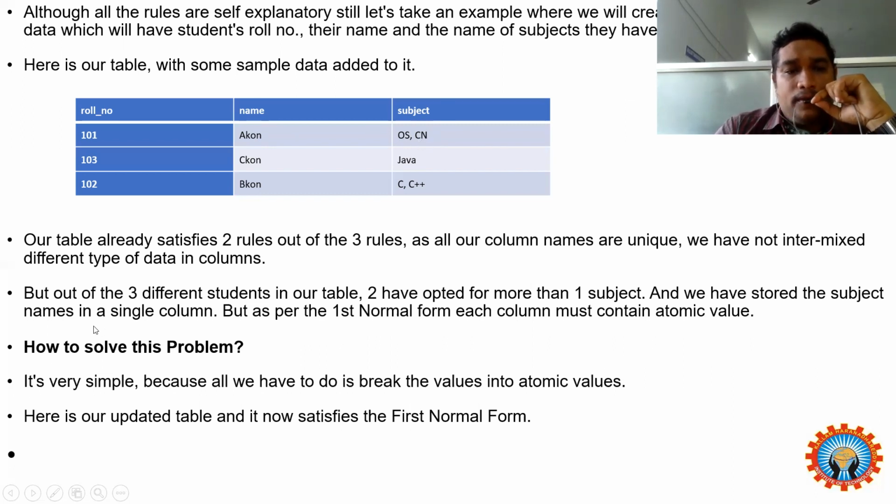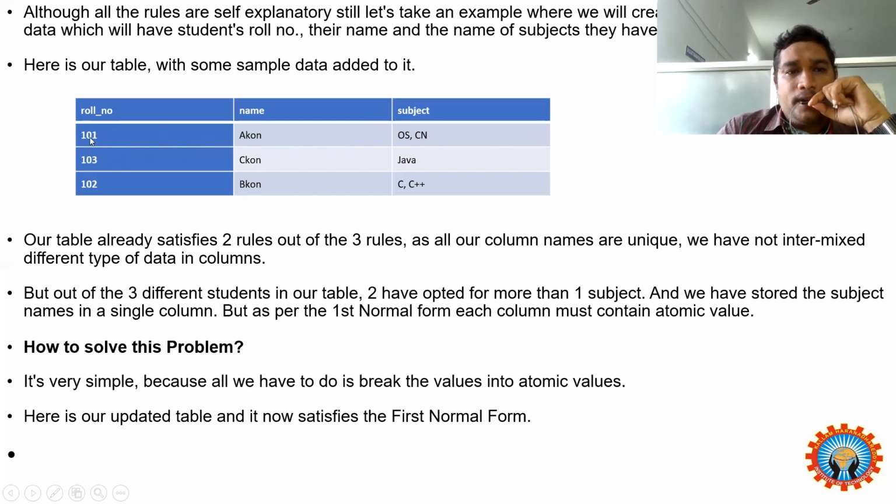How do we solve this problem? It is very simple, because all we have to do is break the values into atomic values, so that for each and every value there is a separate row. For example, here is our data table. We have three records, and here are two values for a particular attribute.